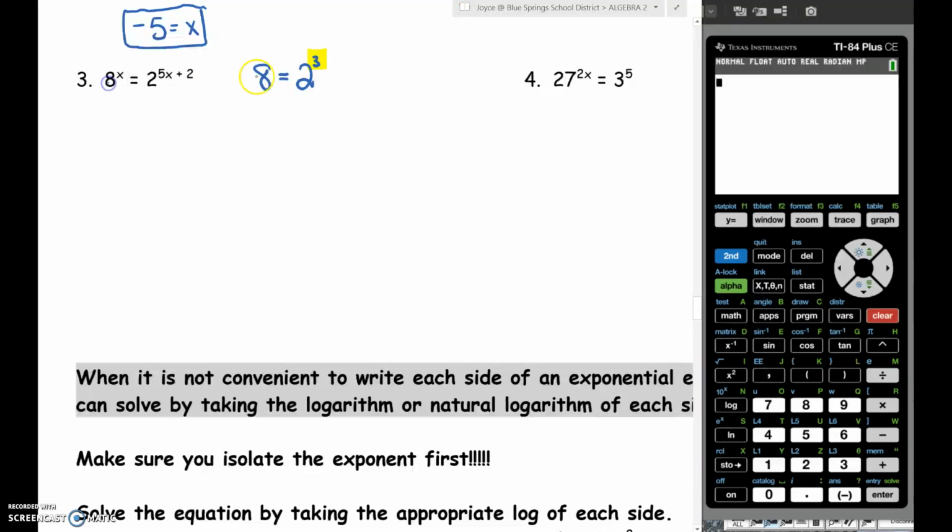So if 8 is the same as 2 to the third, I can take this 8 out and put 2 to the third in its place. The original exponent x would just be multiplied to whatever new exponent you have.